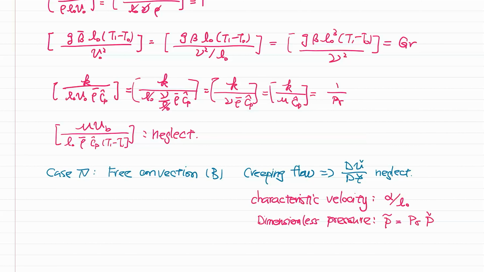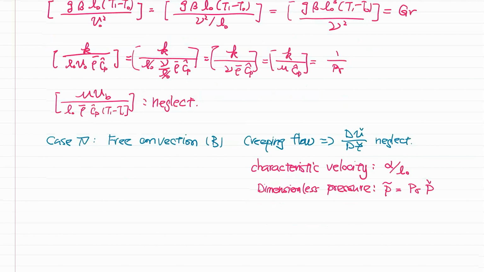If you look at the 4 characteristic dimensionless groups, now we have mu over rho v naught L naught, which equals mu L naught over L naught alpha rho, which equals the kinematic viscosity over alpha, and that equals the Prandtl number.